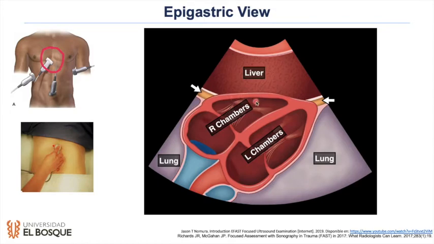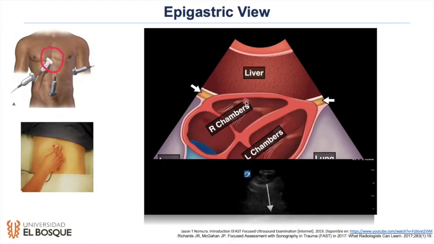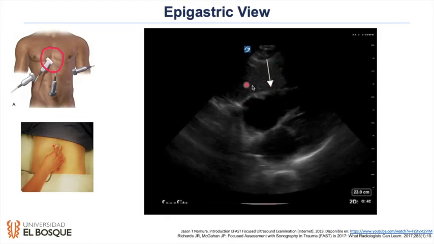So beyond the liver, maybe you're going to see it better here. This is the liver, these are the 4 chambers of the heart, this is one lung and this is the other lung. And remember that beyond the liver and the heart, there is this bright echogenic structure that is representing the pericardium. So it is normal that you just see this line.